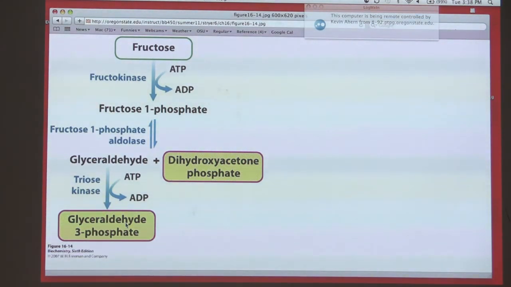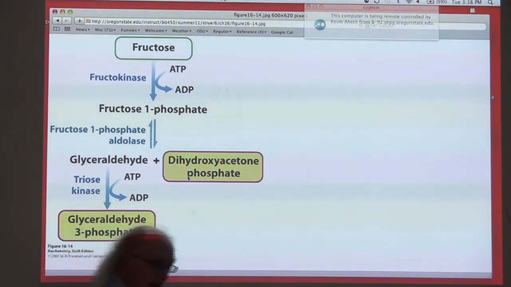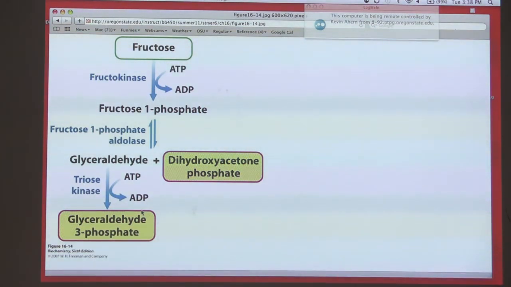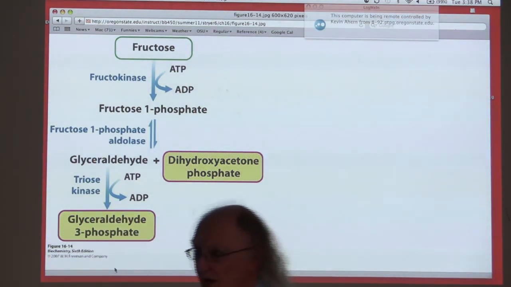Now, if we have plenty of ATP and we are forcing the production of dihydroxyacetone phosphate and glyceraldehyde 3-phosphate, what happens to these two things? Well, in fact, they will force the next reaction, which is the production of a second glyceraldehyde 3-phosphate, which favors the production of 1,3-bisphosphoglycerate, which favors the production of 3-phosphoglycerate, which favors the production of 2-phosphoglycerate, which favors the production of PEP, which favors the production of pyruvate.